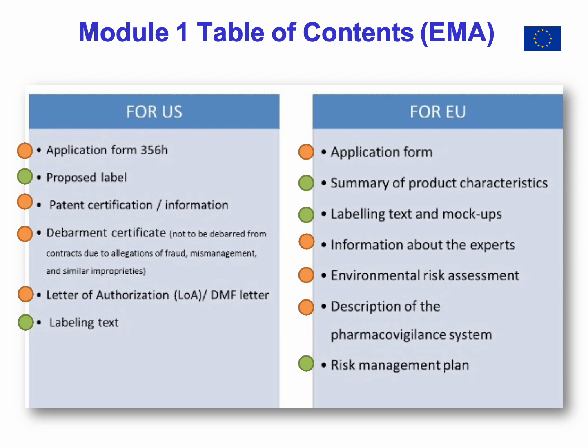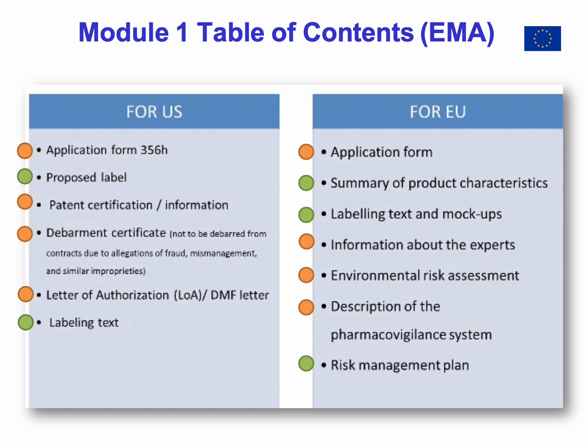Again, the identical information is not required for the European Union, but they are similar. Sometimes they have different names for the documents or the forms. However, the content is there. So in Europe, for example, we have labeling text and mock-ups. We have a document on information about the experts.